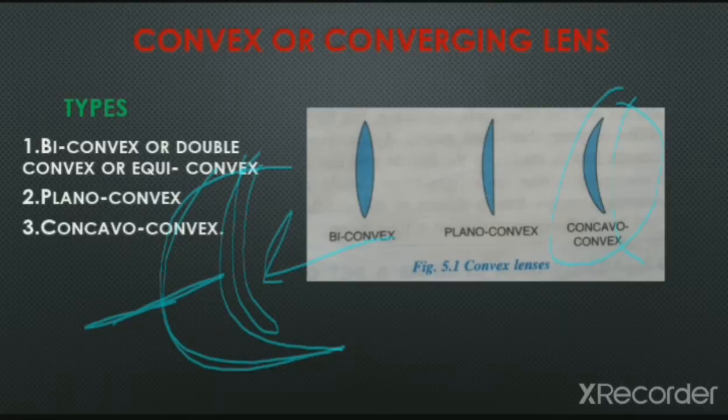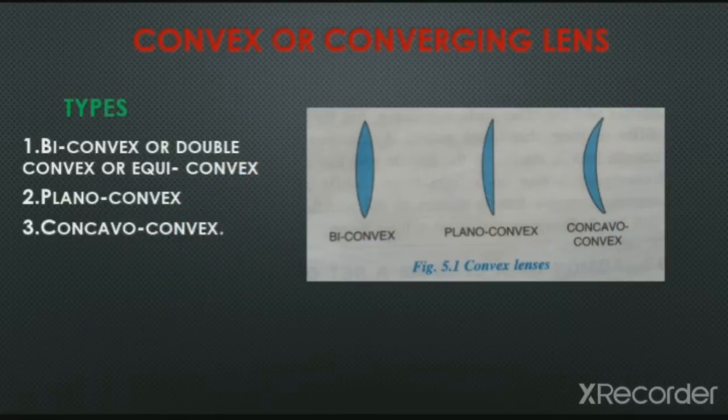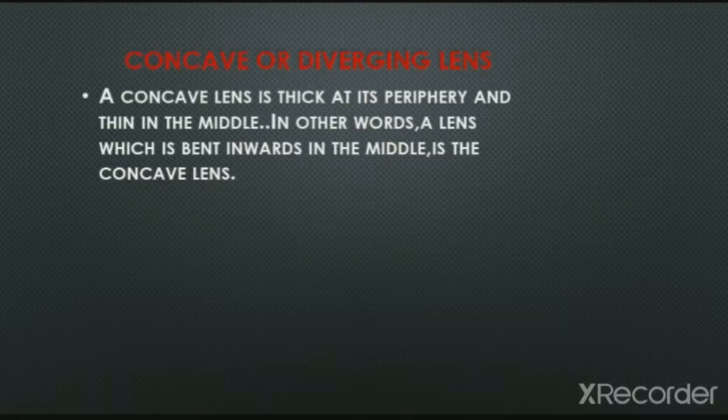Now these are the three types of convex lenses. The second type of lens we have is the concave or diverging lens. A concave lens is thick at its periphery and thin in the middle.